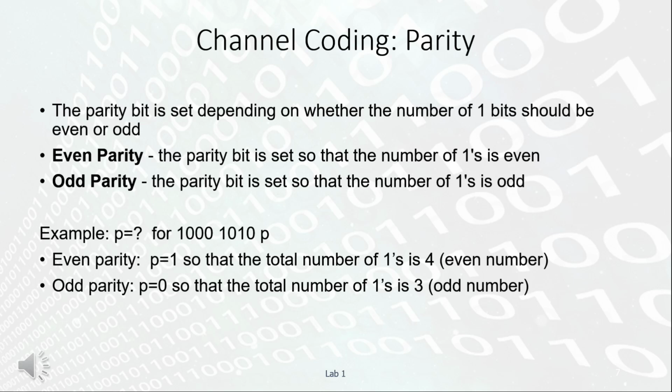So if the system has chosen even parity, then that parity bit must be set to a 1. If the system is set to odd parity, then that parity bit will have to be made a 0 so that we have an odd number of ones in every number.